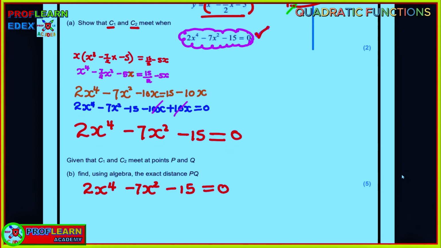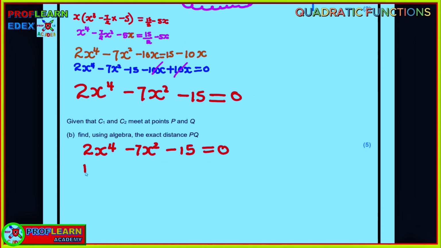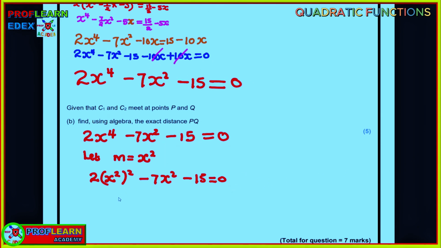We can convert this to a quadratic equation by saying let m be equal to x raised to power 2. Now, if we let m equal x squared, we are going to rewrite this equation in terms of m. It can be written as 2 times x squared, all squared, minus 7x squared, minus 15 equals 0.